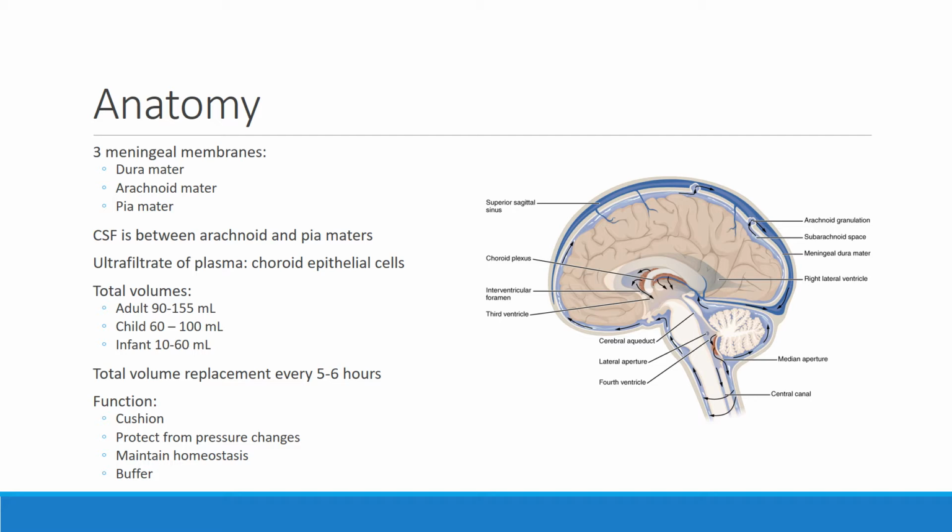When we're talking about other things, however, like proteins, most proteins are restricted from the CSF, so it's not reflective of the plasma levels. Albumin, many IgGs, those do not diffuse into the CSF. So those things we do have to take into account when we look at their relative concentrations between the two.